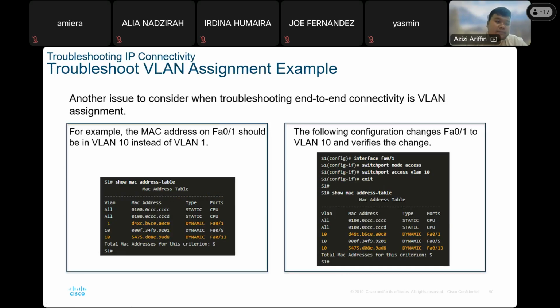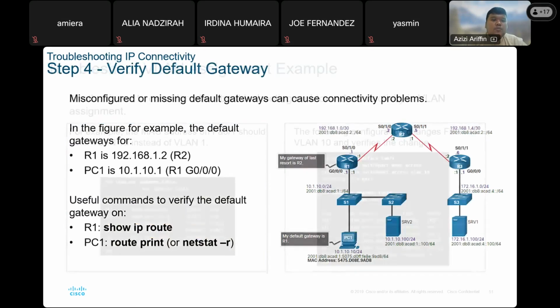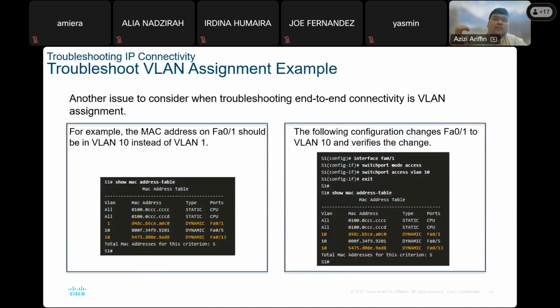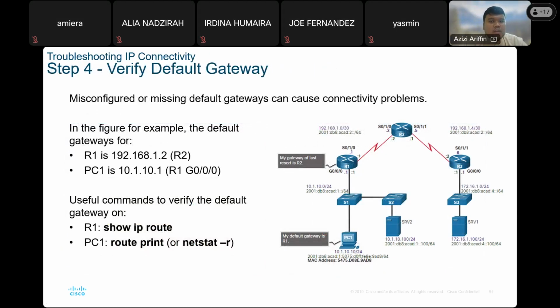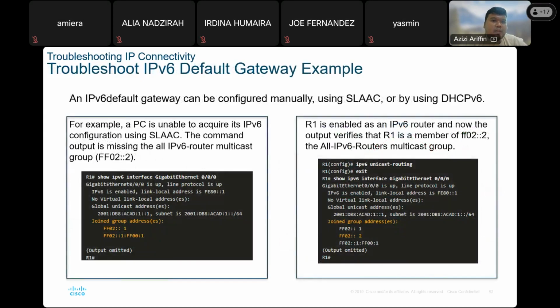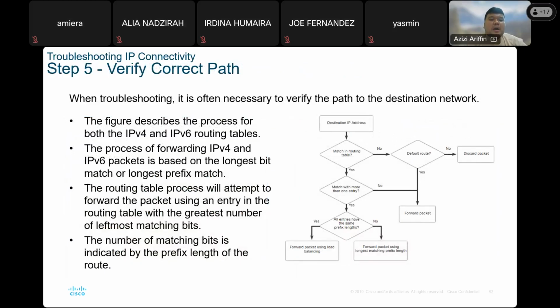Then for VLAN issues, we check whether the port has been configured as part of the access VLAN. Then we check the gateway, whether the PC can reach it. We can use show ip route to check the routing tables, and this is for IPv6. We verify the correct path using traceroute, whether it is part of the routing table or the baseline or not.